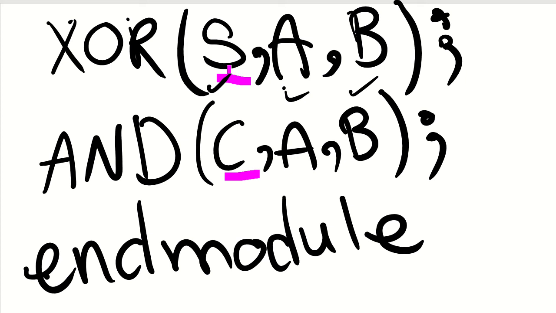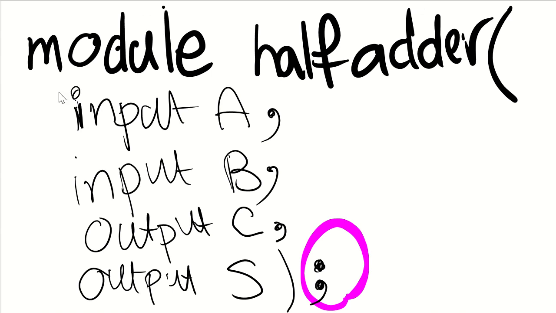Okay. Now, so now you know how to basically declare a module, right? So it consists of the module keyword and a port list. Okay.